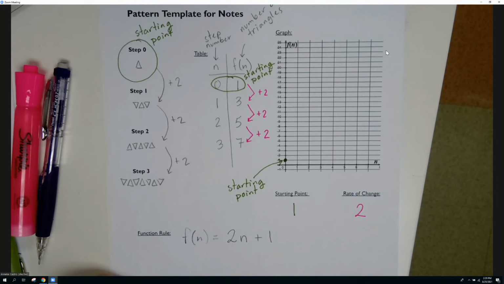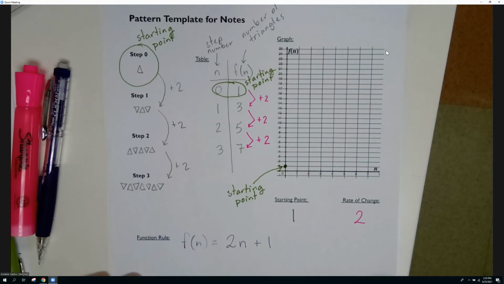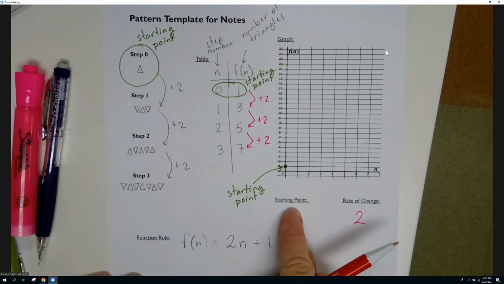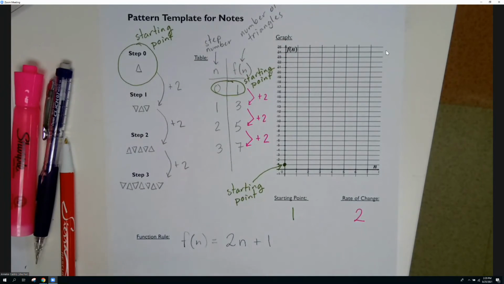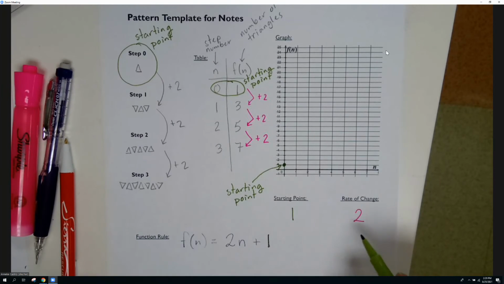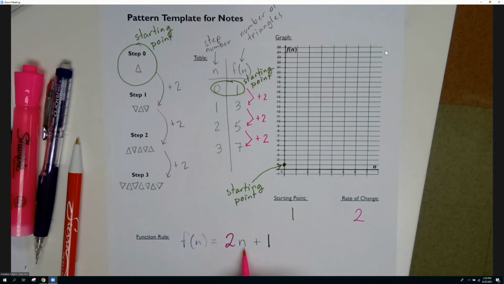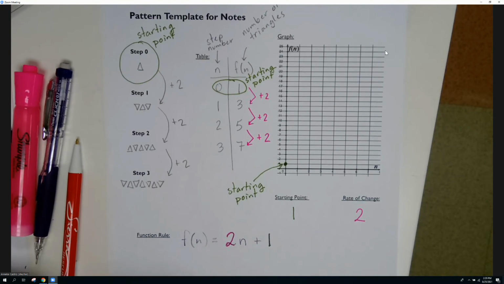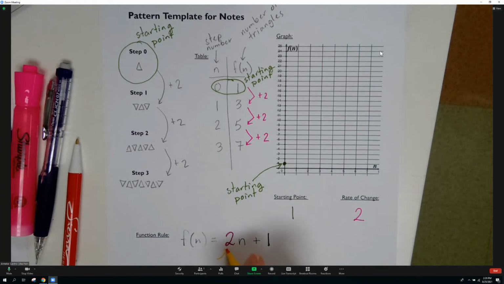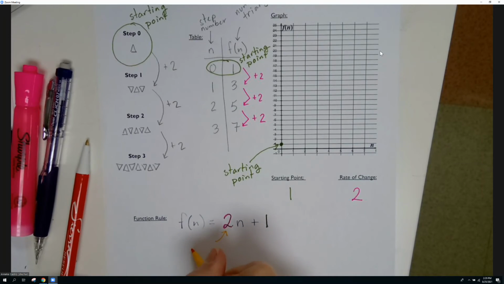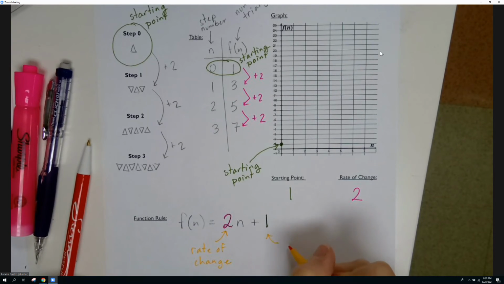That's a really simple way to write a function rule: find the starting point, which is 1 here, find the rate of change, and then put the rate of change times the step number plus the starting point. I'm going to annotate this as well: here is my rate of change, and this is my starting point.